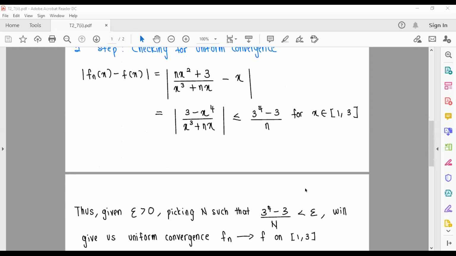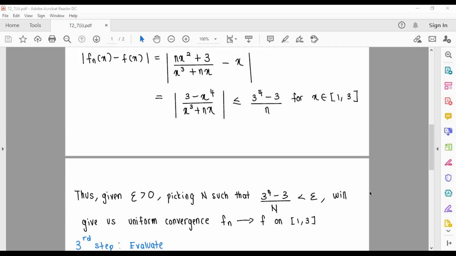Okay. So you simplify that, yeah? Bounded by 3 to the power of 4 minus 3. Okay. Because the largest one that is possible is 3 to the power of 4, right? Yes.